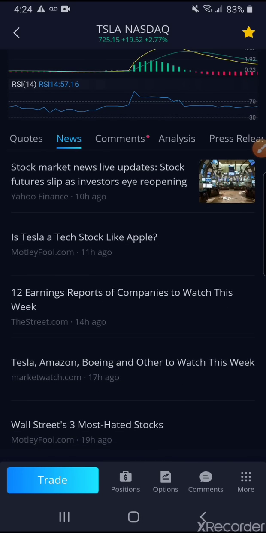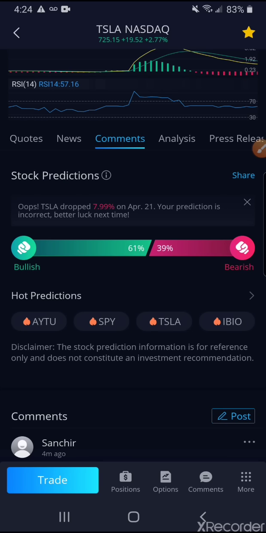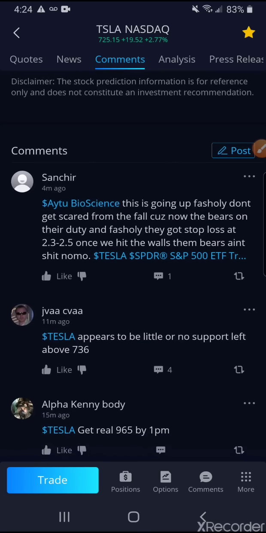So we can look at some news. They're comparing Tesla to Apple now. So, you know, I thought Tesla was going to go up, but it reversed on April 21st. So we're going to say it's bullish at this point.